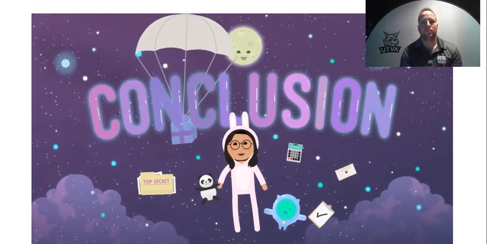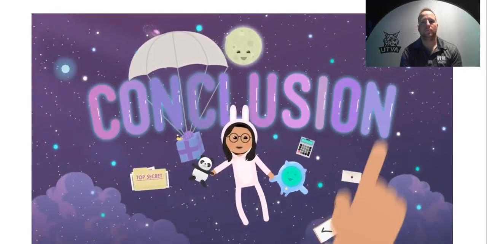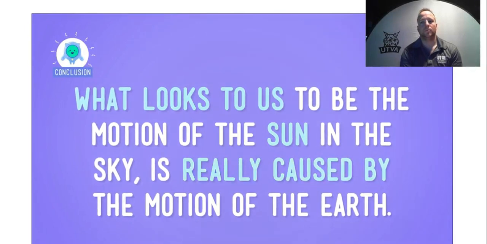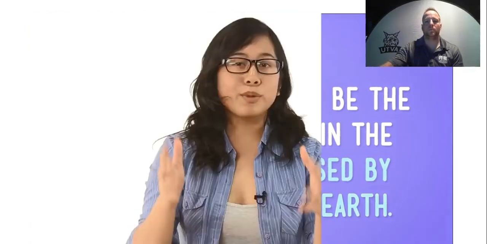So, what does all this show us? It shows that what looks to us to be the motion of the sun in the sky is really caused by the motion of the Earth. So now you know, when you look up and see the sun setting or rising, it's not going around us. It's sitting pretty much at the center of the solar system, while we, and the 7 other planets, go around it. That sun, always gotta be the center of attention.